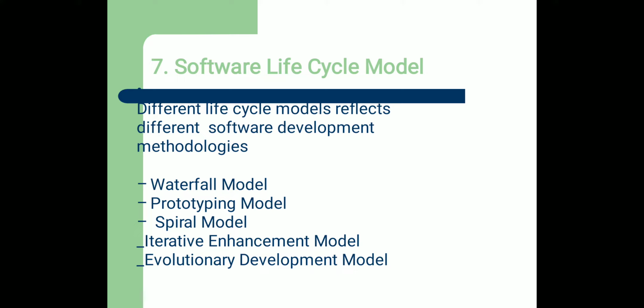In any waterfall model, any life cycle model, these five will be involved in some areas or different areas. These five are compulsorily involved in development of the software product or application.